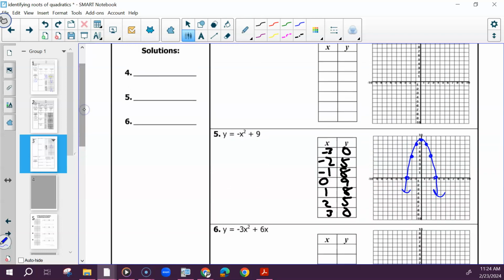How many solutions will we have there? 2. And what are those 2 solutions?